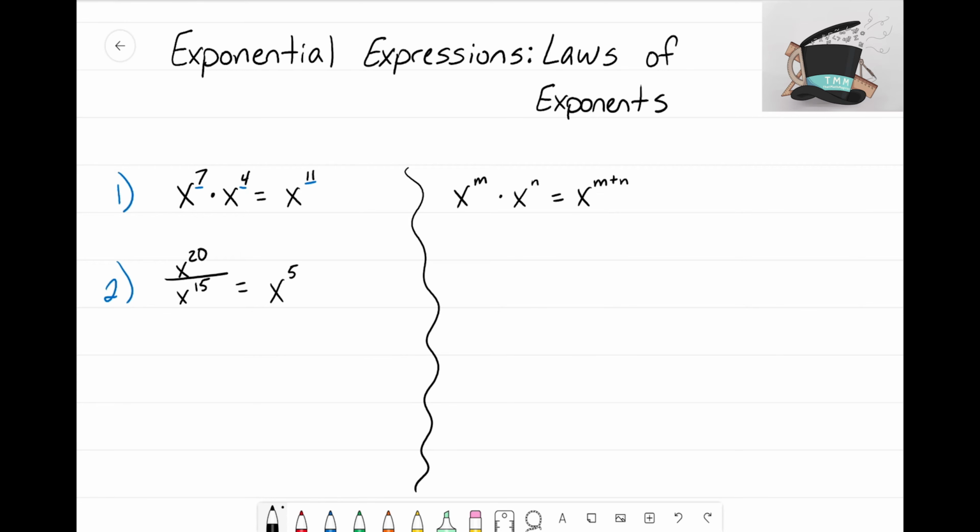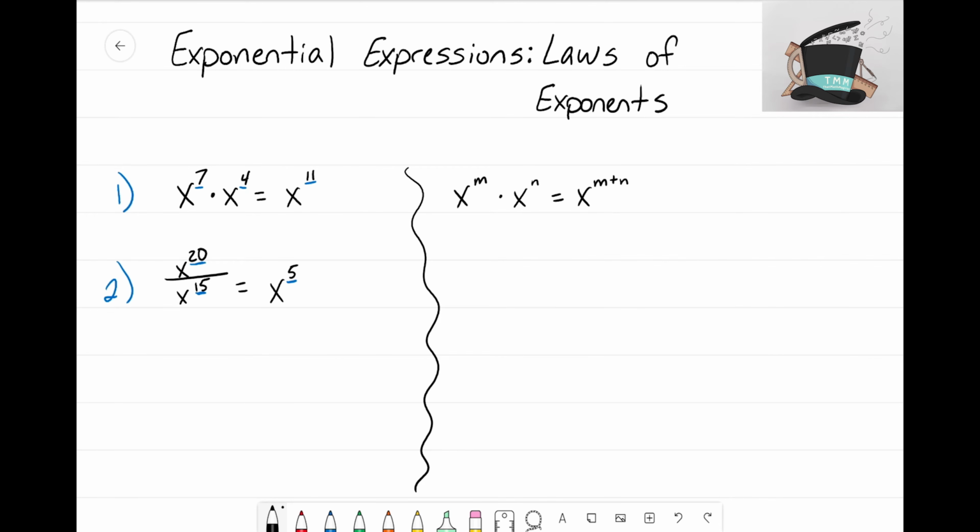We've taken 15 away from that 20, and that's moving us again to this generalization that if I have an exponential expression that's a fraction, and I have two bases that are the same with exponents, all we really need to do is subtract the denominator's exponent from the numerator's exponent. So I just have to do 20 minus 15, and we get 5.